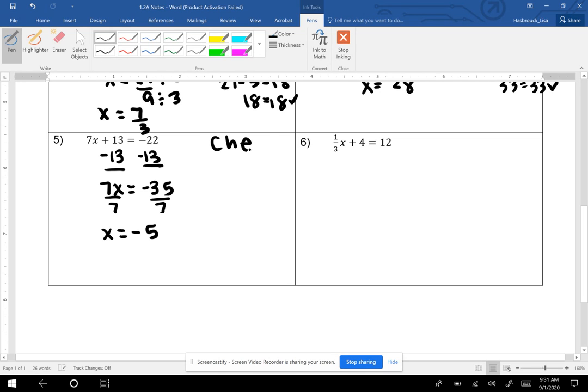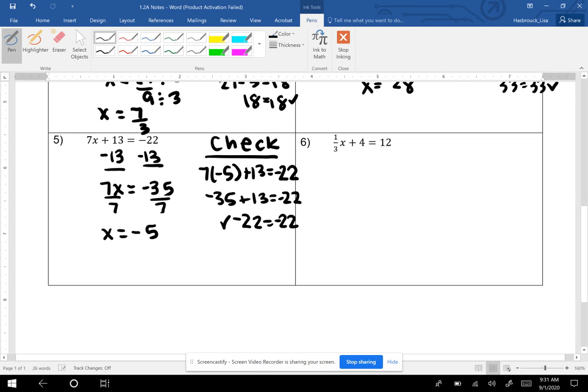Now I'm going to check. 7 times negative 5 plus 13 equals negative 22. 7 times negative 5 is negative 35. Negative 35 plus 13 is in fact negative 22. So our answer is correct.